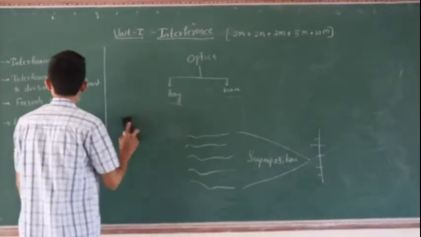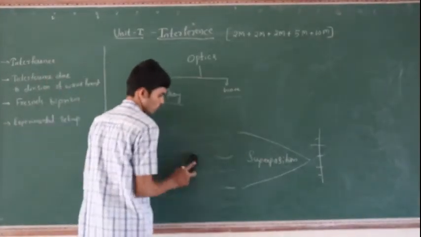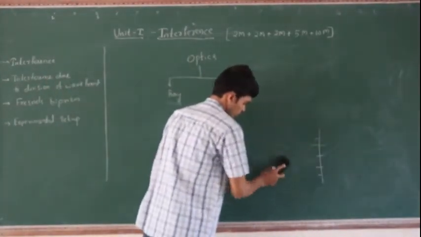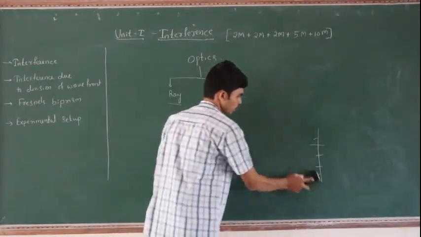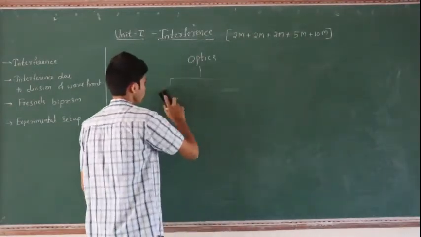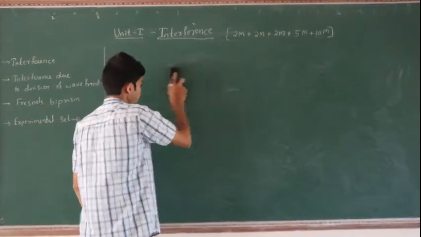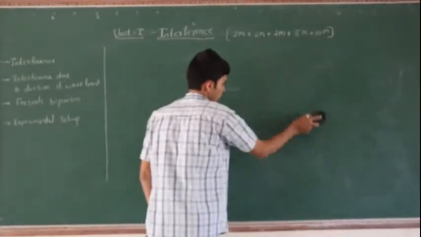Next is interference due to division of wavefront. This we studied in the second PUC, that is Young's double slit experiment.